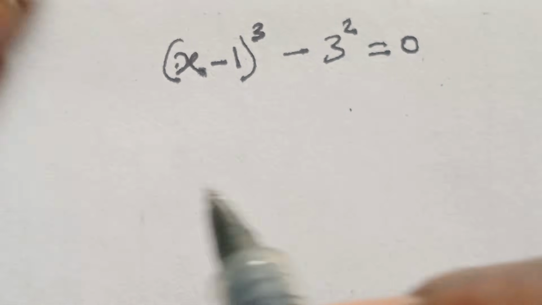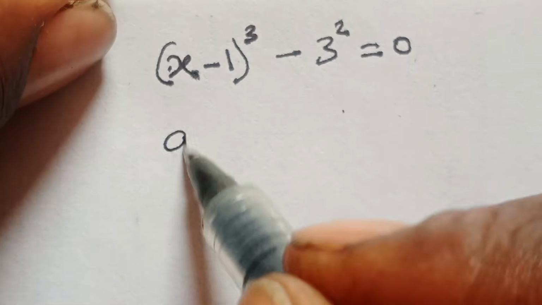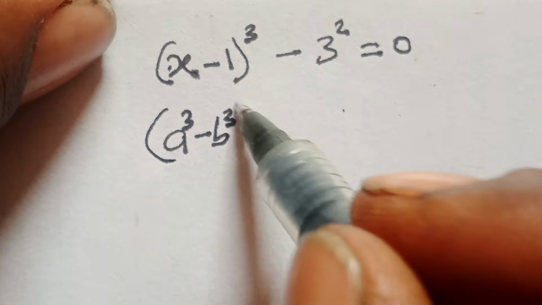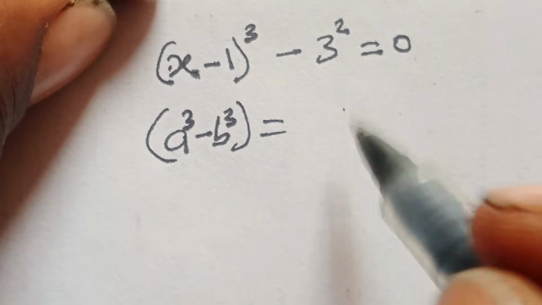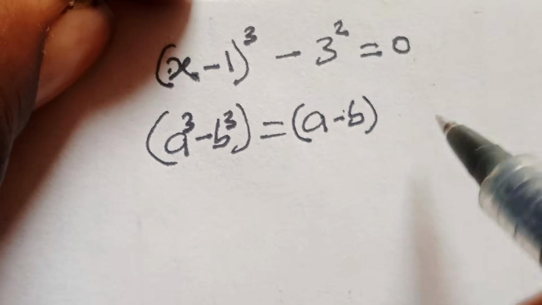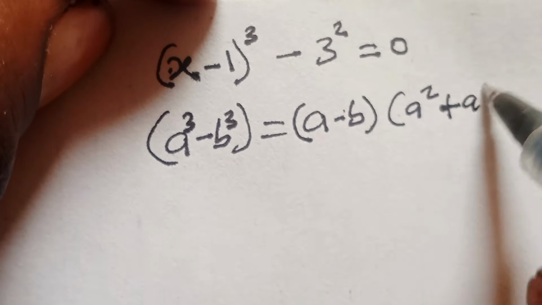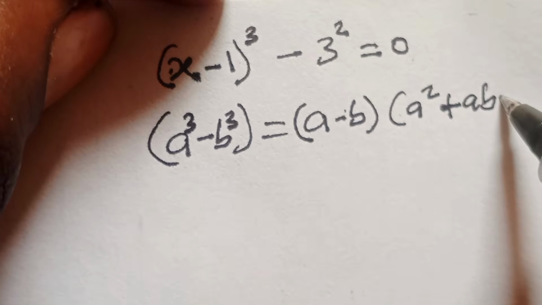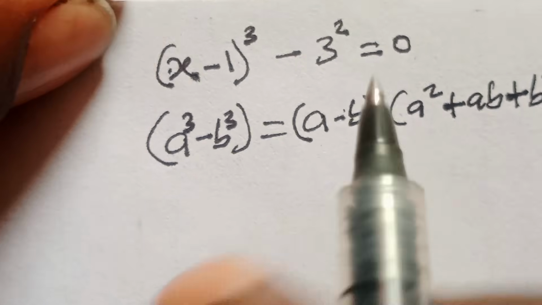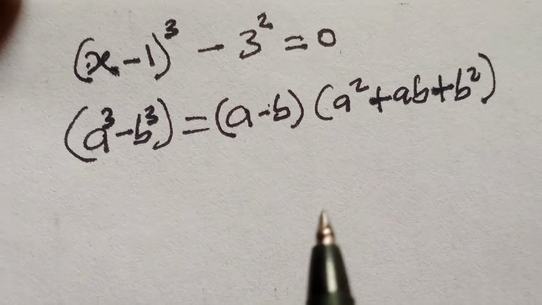To get rid of this, don't forget, if you expand a cubed minus b cubed, this will give you a minus b into brackets a squared plus ab plus b squared.